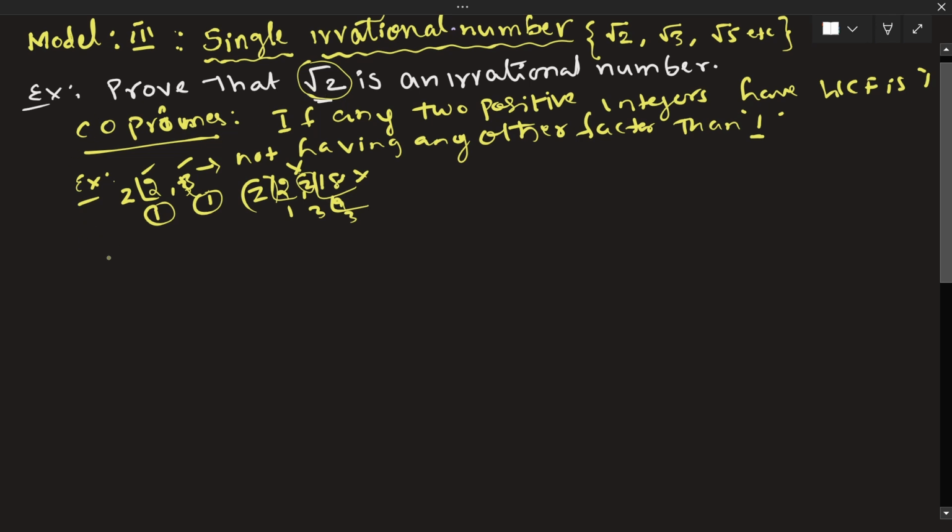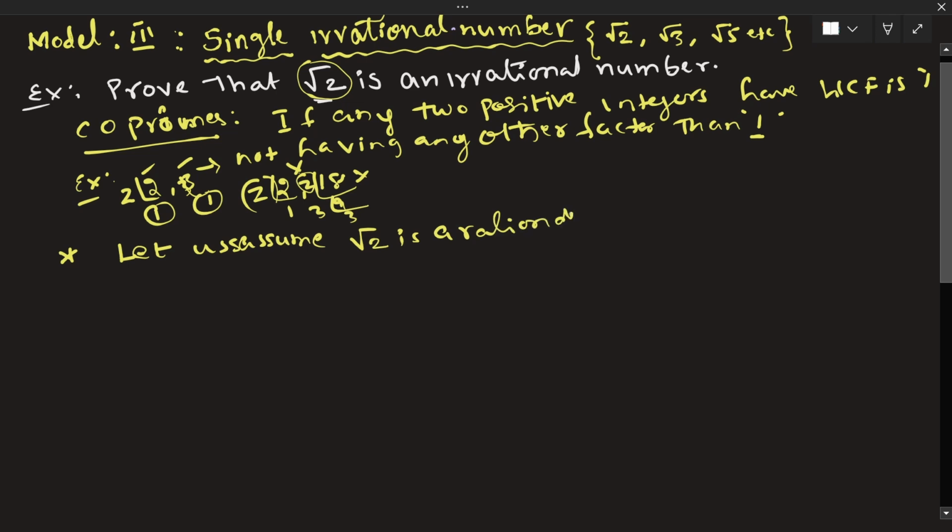For that purpose we generally follow the method of assuming that the given number is not irrational. So let us assume root 2 is a rational number. Why are we assuming it?